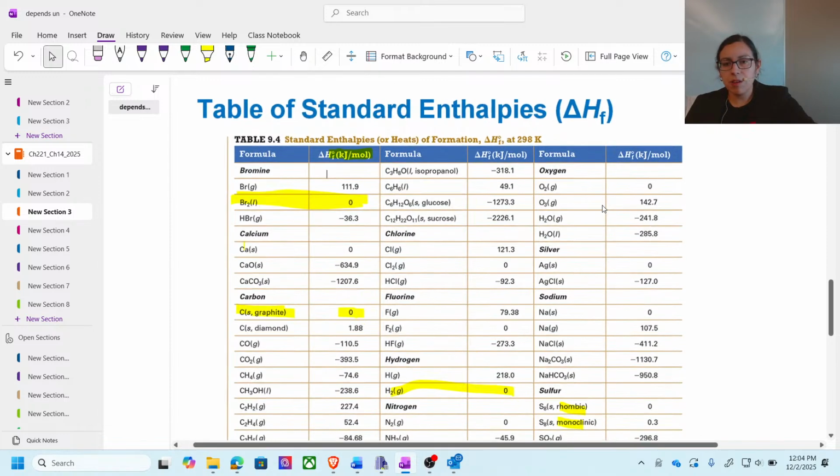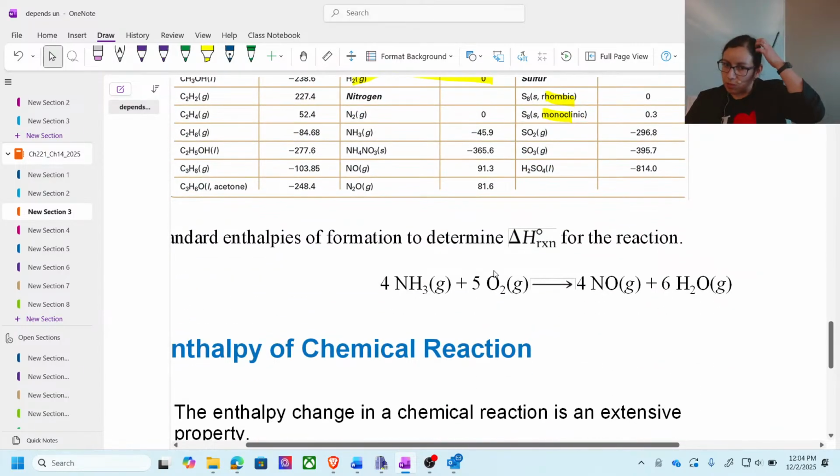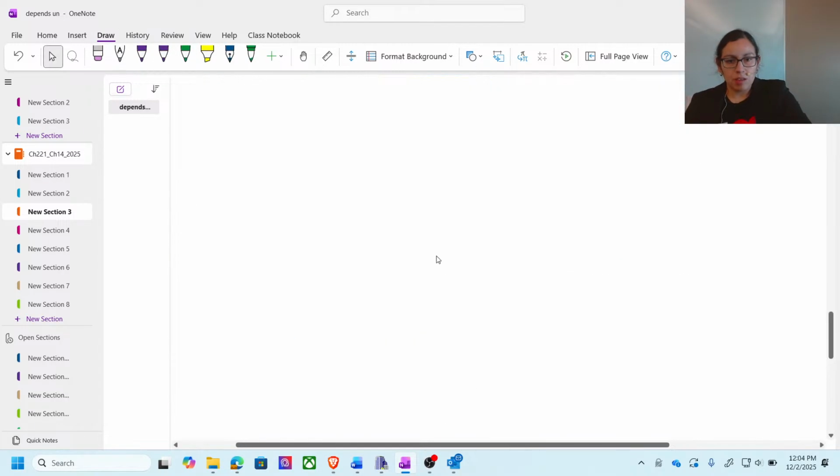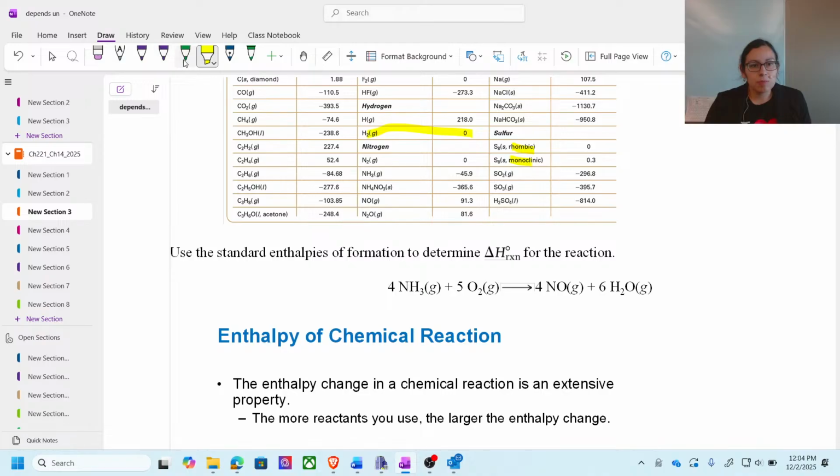So it should be on there. Oxygen is one of those you could recognize was in its elemental form. Let's start seeing what y'all found. So we have oxygen at 0 for standard heat of formation.